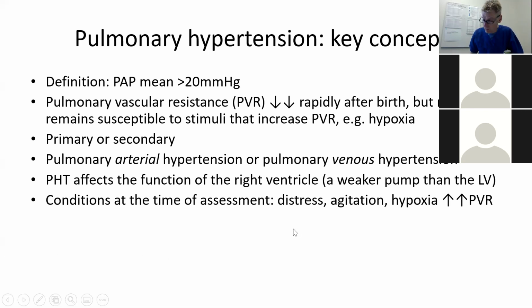And the other important thing, I think, with all of this is that sometimes for children with pulmonary hypertension, you can make them a lot better by just calming them and reducing their agitation, reducing their stress.